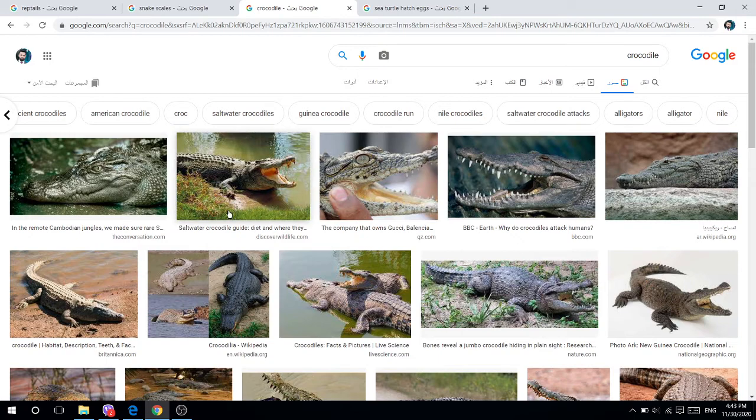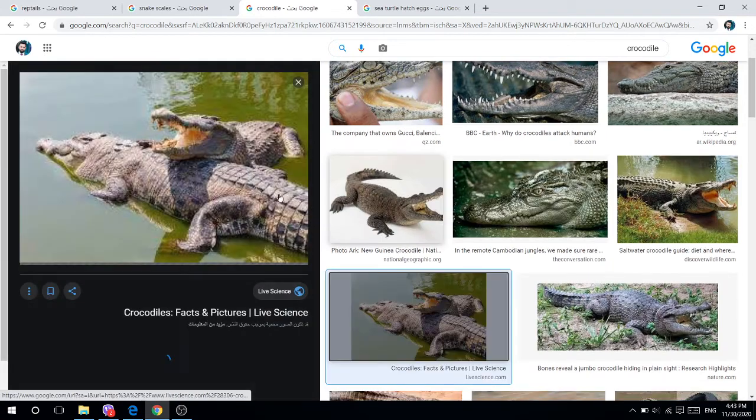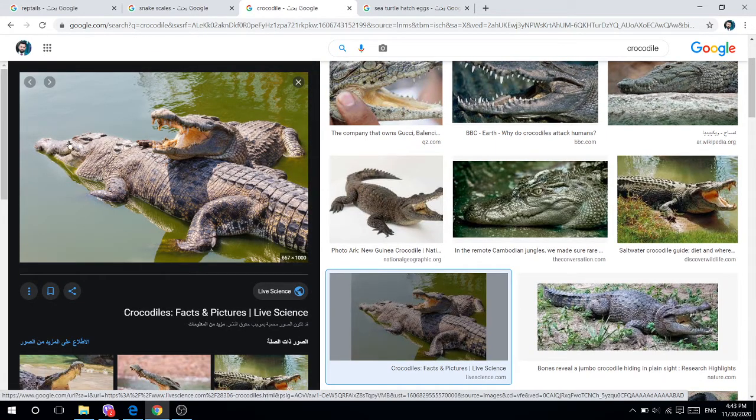They live in the water, but the nose and eyes are above the water, to breathe and to see the animals around the crocodile. Okay, look at this picture. The nose and eyes are above the surface of the water to breathe air.